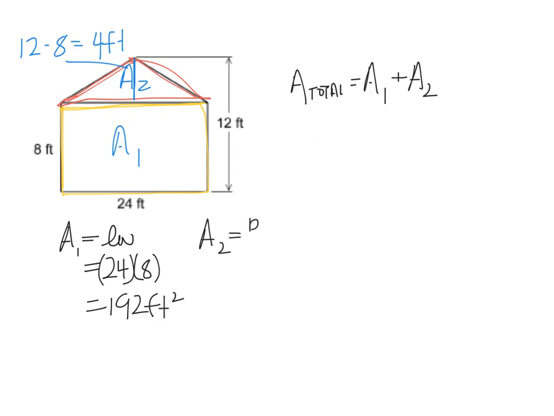Area 2 is a triangle, so the formula is base times height divided by 2. The base, we can see, is right here, and the base is 24 feet.